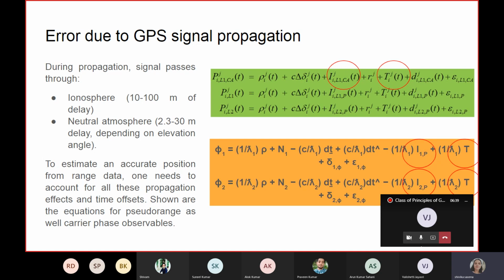I refers to the ionospheric delay, T refers to the tropospheric delay. So if we want to get the most accurate position estimate from the GPS receiver data, we have to account for the errors caused due to the propagation through these two mediums.